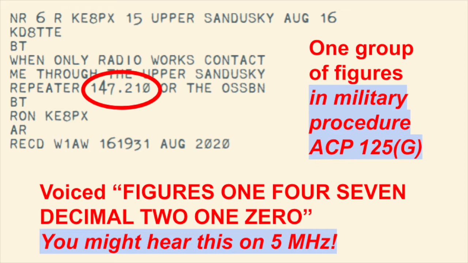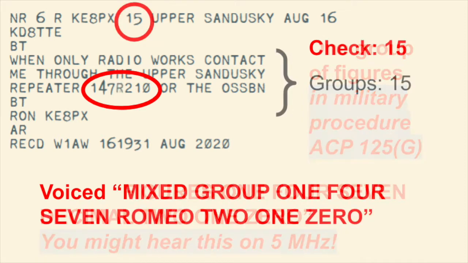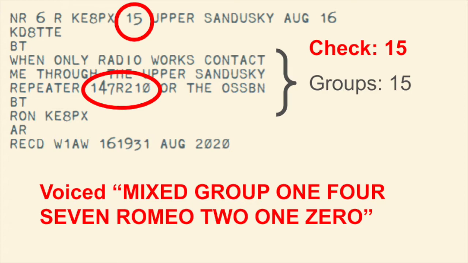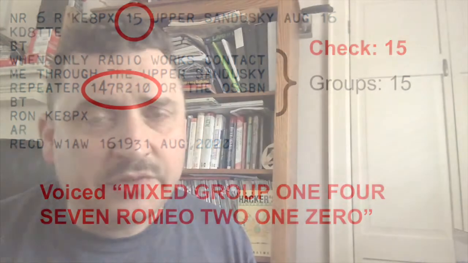On NTS, however, we are using amateur procedure, and as it stands today, that procedure is to encode the decimal with the initial R, making a mixed group 147 Romeo 210. So in this case, we were able to work it out. It seems that it all makes sense, and we're not actually missing any groups along the way.